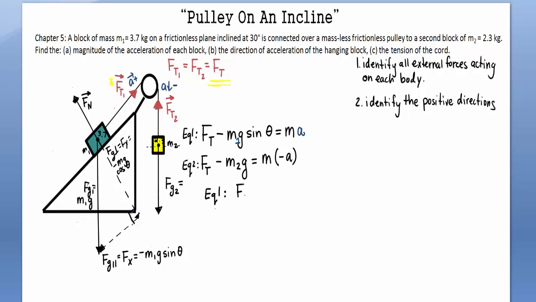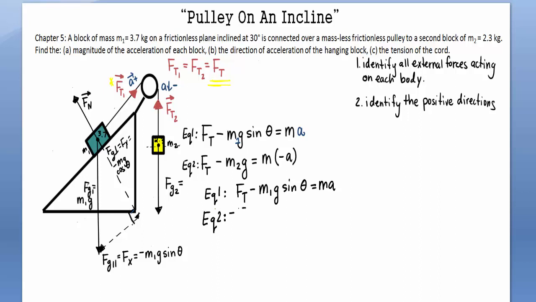And that's Ft minus M1G sine theta equals M1A. Now equation 2, I'm just going to do this in my head. I'm going to multiply through by a negative 1.